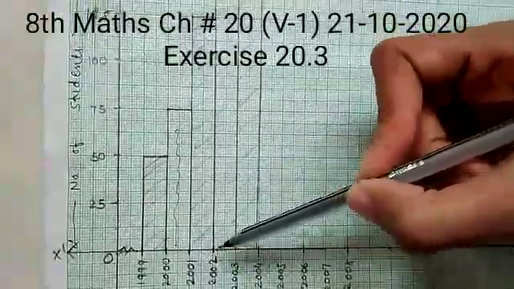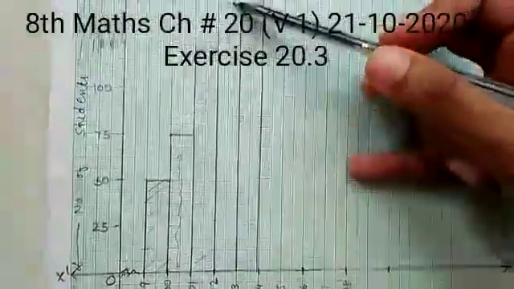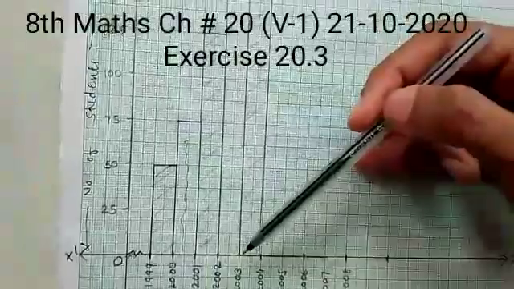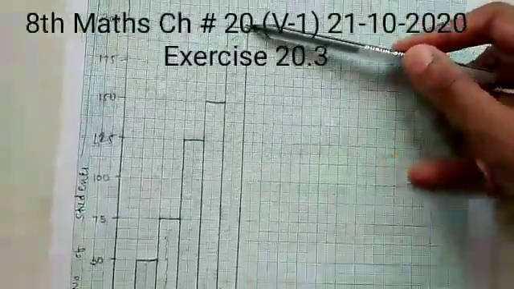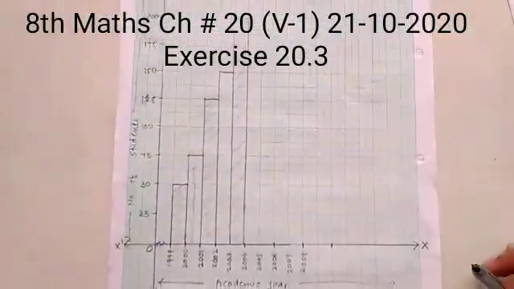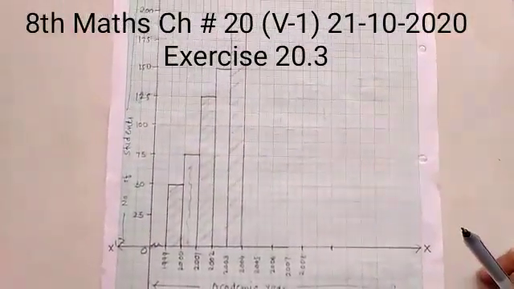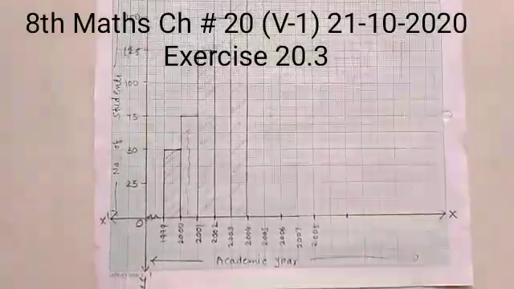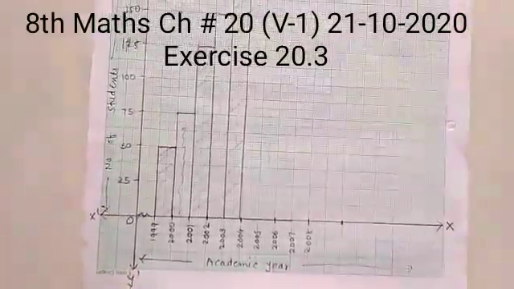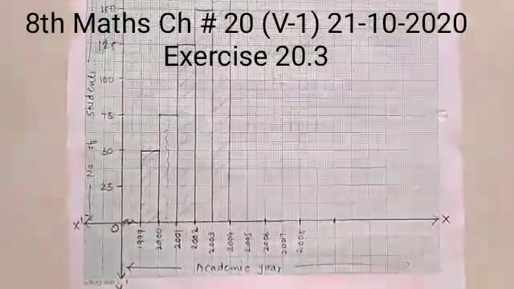Then 2002 to 2003 is given as 150, and then 2003 to 2004 is given as 200. Like this way you have to represent this bar graph on your graph paper, and the textbook also has a bar graph, okay.